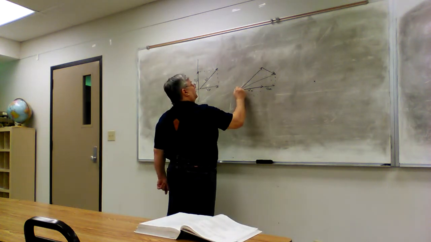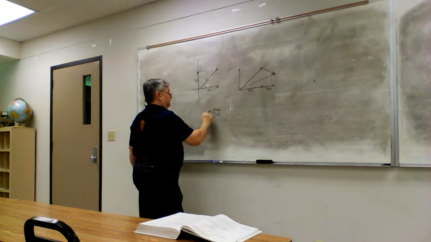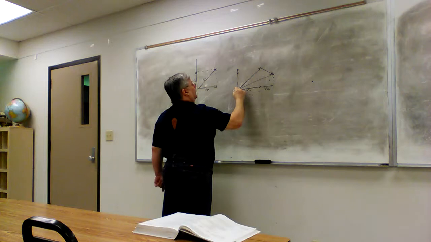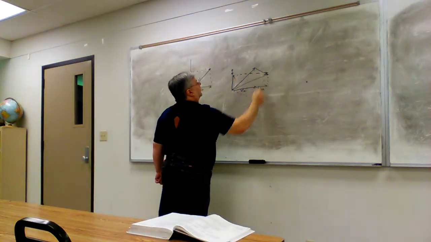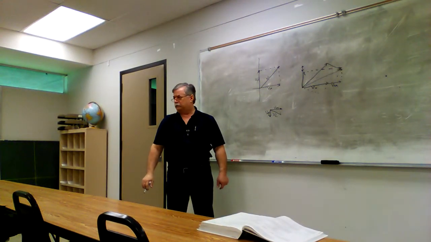Now we take V1 sub y and add to it V2 sub y. And that brings us to our resultant vertical component.